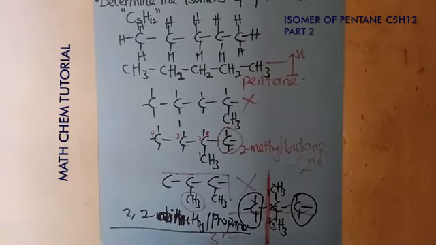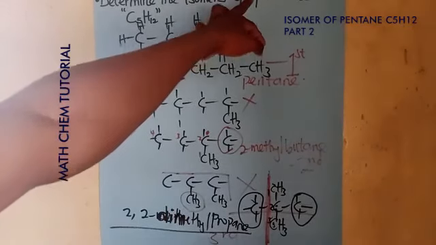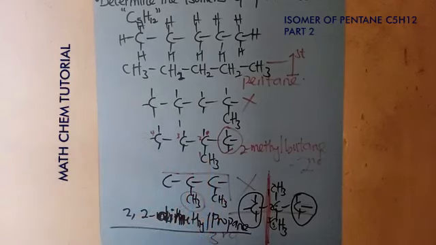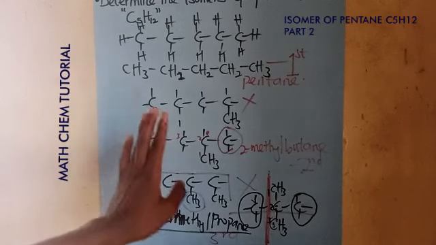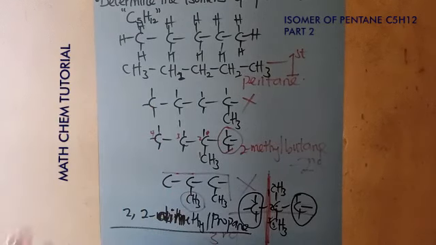So looking at this, pentane has just 3 isomers, and these are the 3 isomers of pentane.